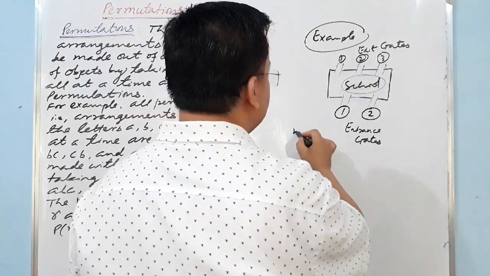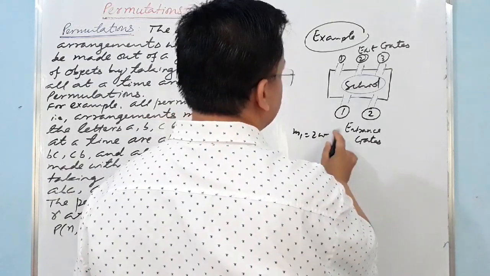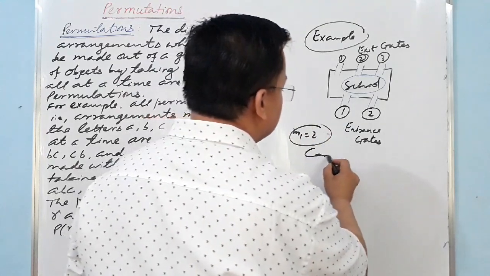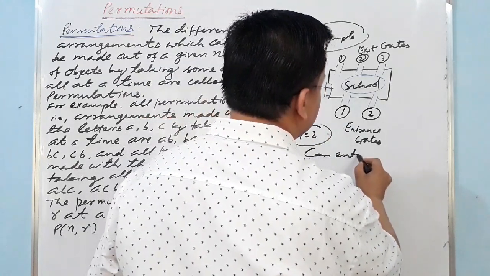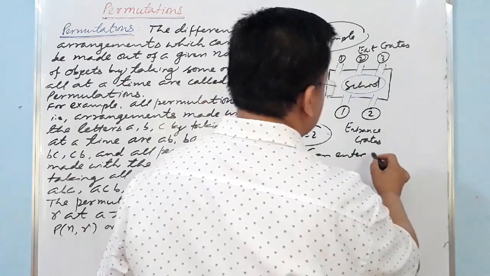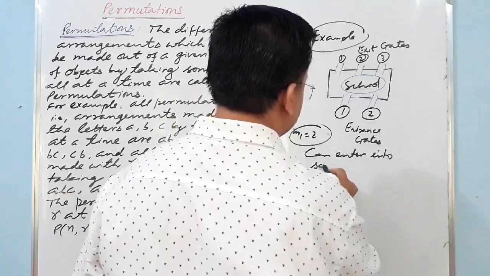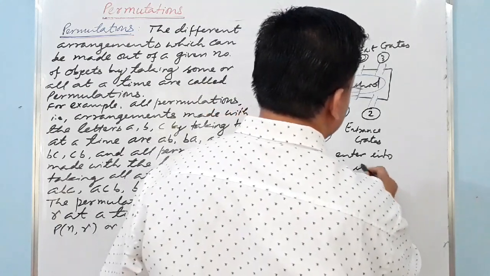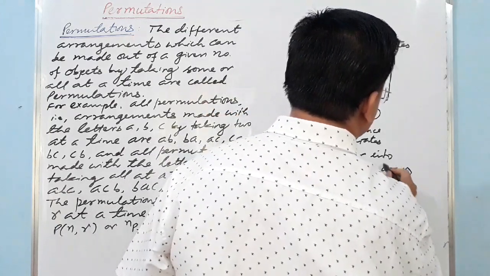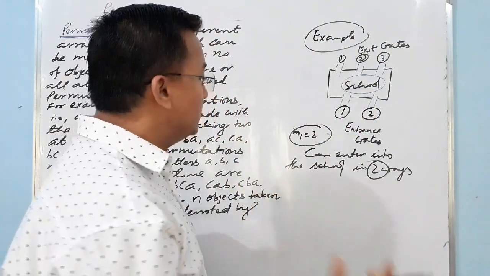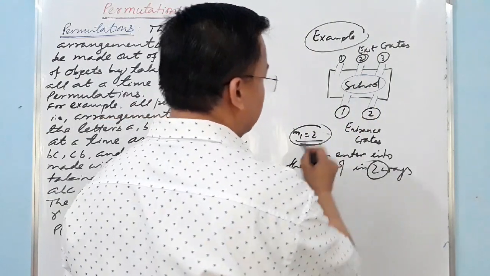So M1 is 2 ways: the student can enter into the school in 2 ways.